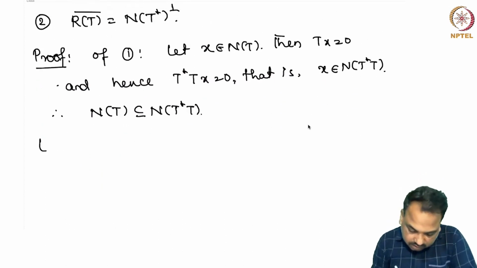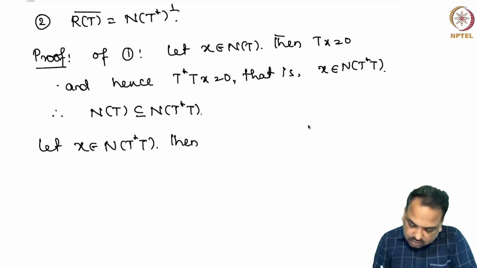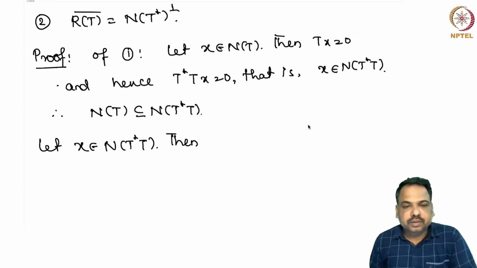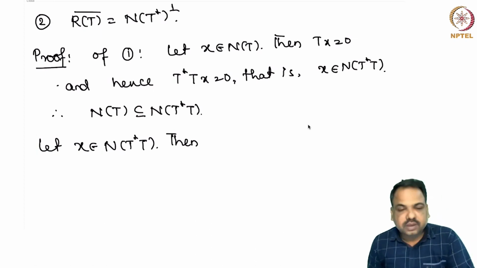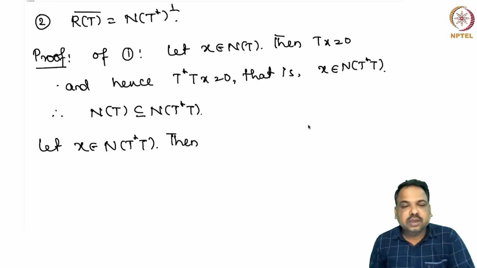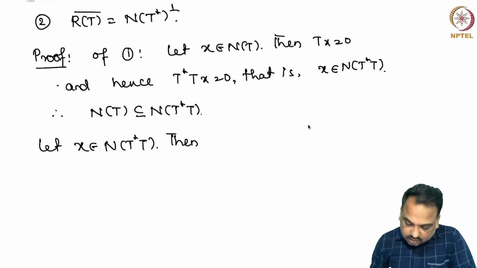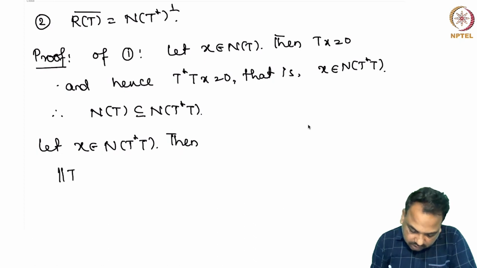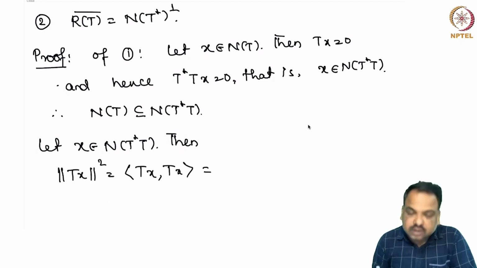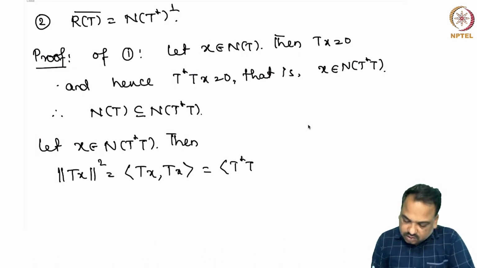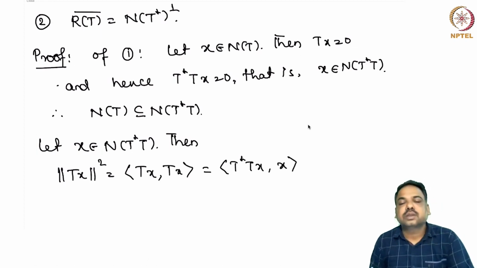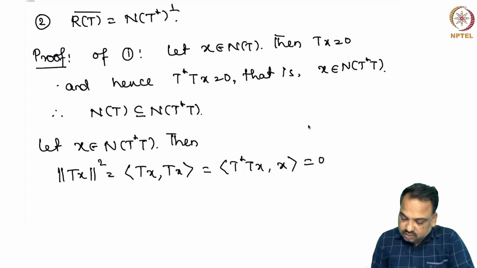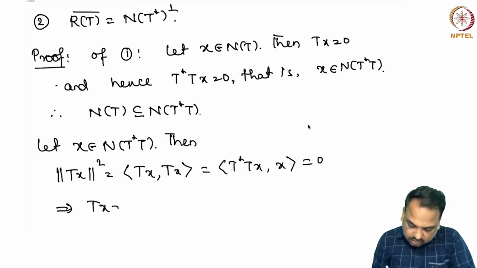On the other hand, let us take x in null space of T star T. Then we want to show that Tx is 0. The only equation that connects T and T star is norm Tx squared equal to inner product Tx with Tx. So norm Tx squared is inner product T star Tx with x, and we know that T star Tx is 0, hence Tx is 0.